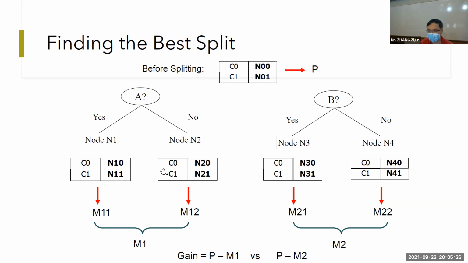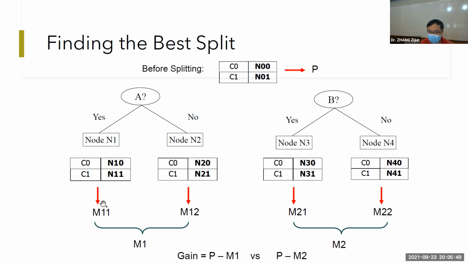N2 will also contain two classes. We use N20 to denote the number of samples of class 0 in node N2, and N21 to denote the number of samples of class 1 in node N2.